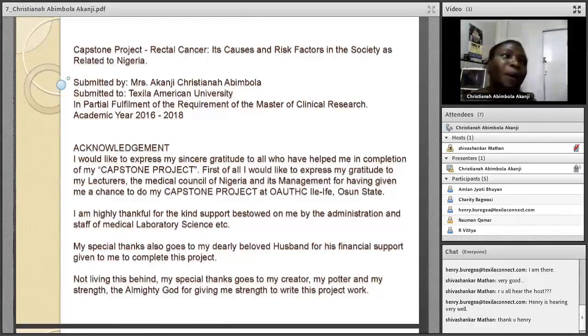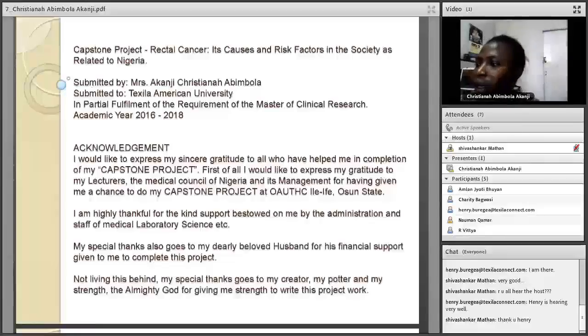The aim of this research work is to lay emphasis on the causes of rectal cancer and the risk factors, and the study is to determine the rapid growth of rectal cancer.